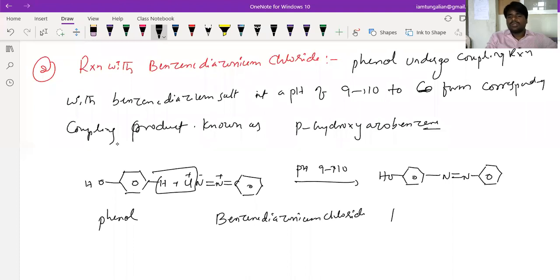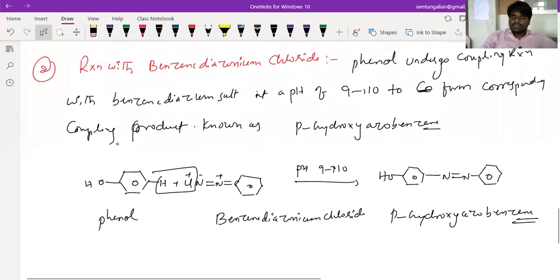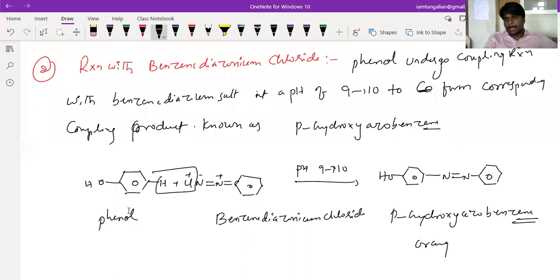This is para hydroxy azobenzene, used as a particular dye, an orange or red color dye.